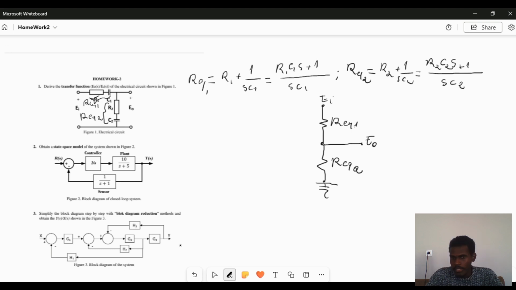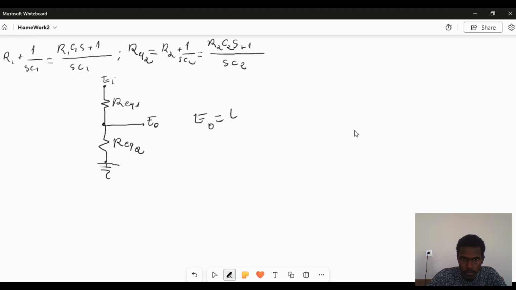As you can see, this is a voltage divider circuit. So according to the voltage divider rule, E output is equal to E input times R equivalent 2 divided by R equivalent 1 plus R equivalent 2.